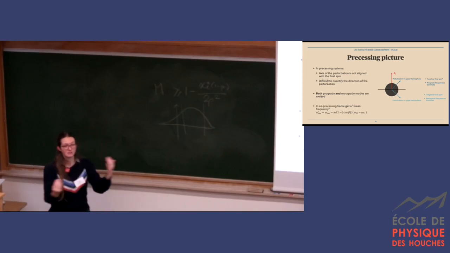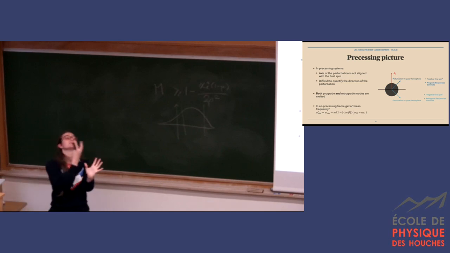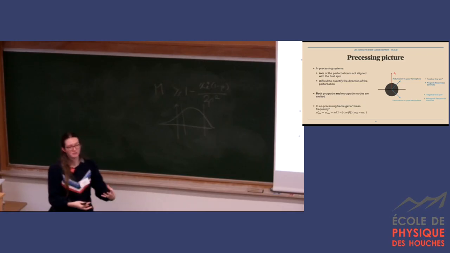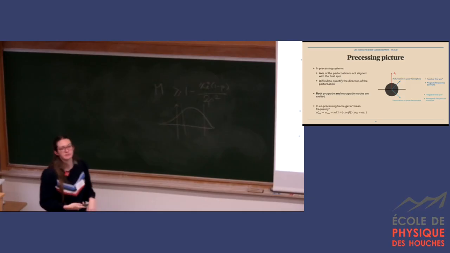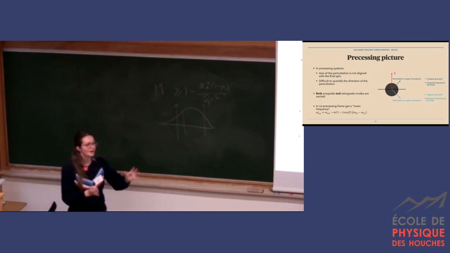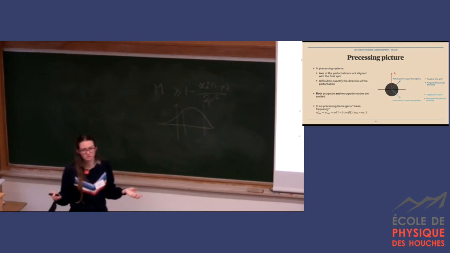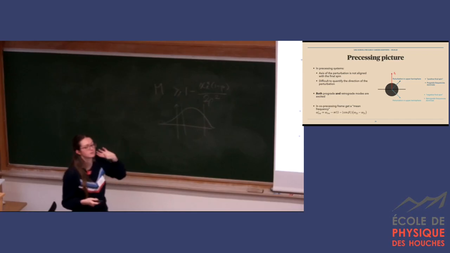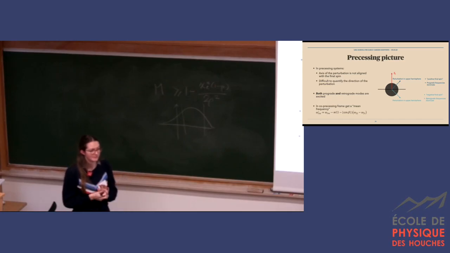So we now have to blend the two frequencies in the coprecessing frame so that when we rotate everything back into the inertial frame to get our final waveform, they separate out correctly. And this is quantified by this angle beta. So getting the model of the angles right is not only essential for getting the overall shape of the waveform, it's fundamental to getting the frequency and everything right.